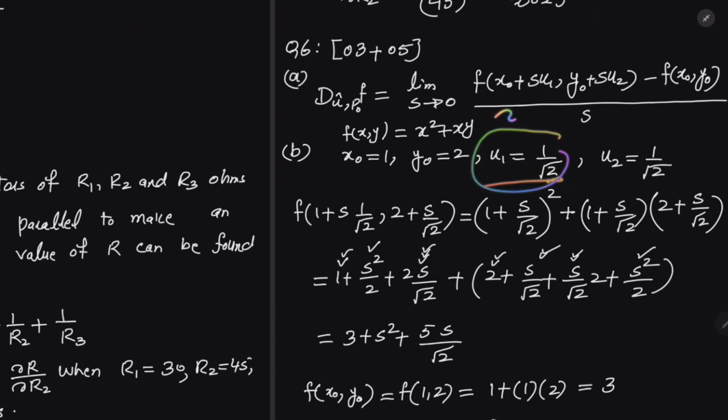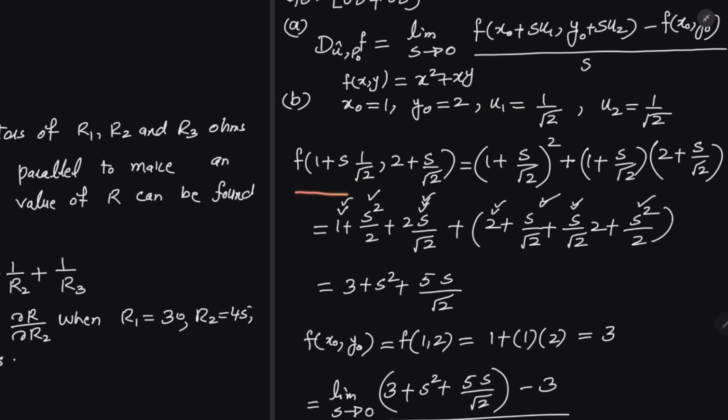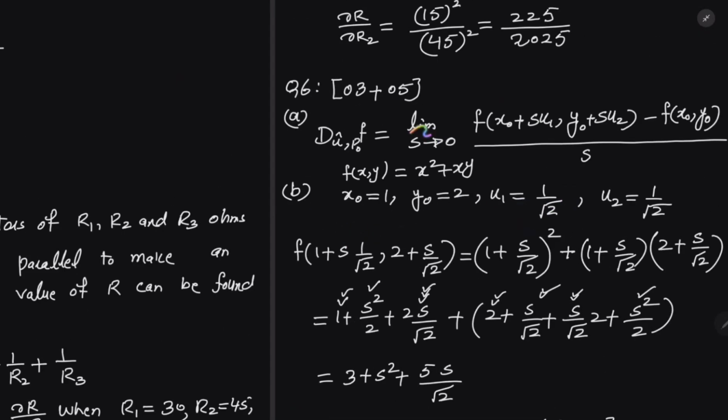The u hat is given as 1 by under root 2 i plus 1 by under root 2 j. So we put that value into that function, which is given.